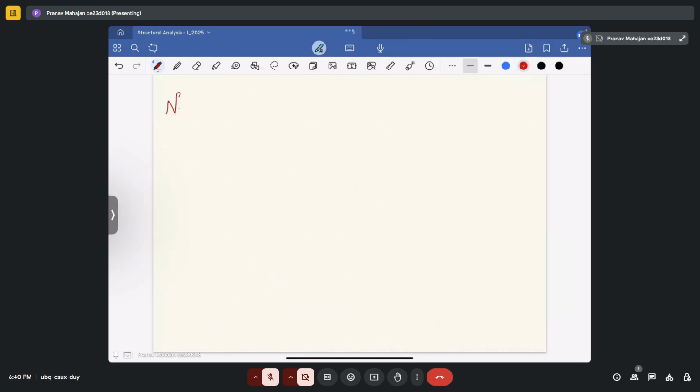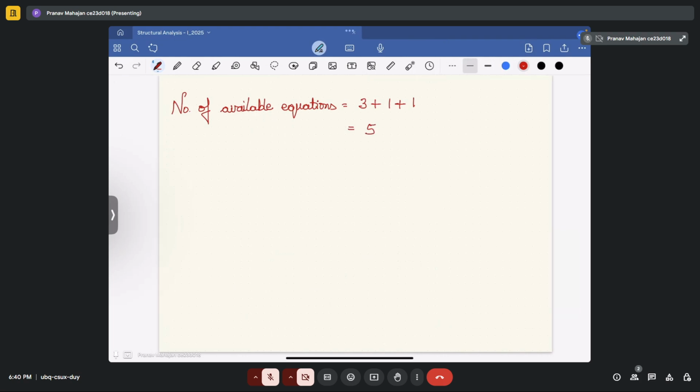so your number of available equations will become, so how many number of equilibrium equations are there? 3 plus 1 due to internal hinge 1 and plus 1 again due to internal hinge 2. That is total 5.